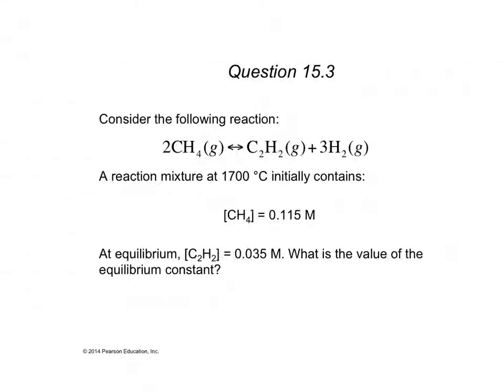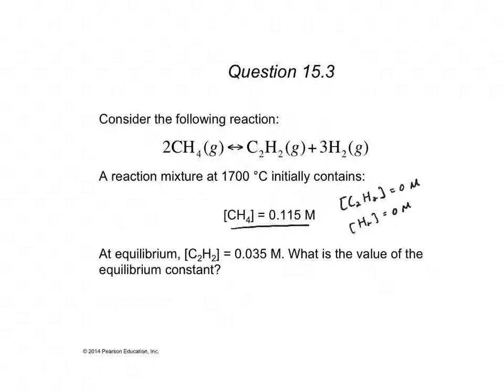Okay, so similar type question, except we have new reactants, new products. So we have this reaction. Initially, again, it only has reactants, right? It only has the CH4. So you can assume that the concentration of both the products initially, C2H2 as well as H2, are both equal to 0.